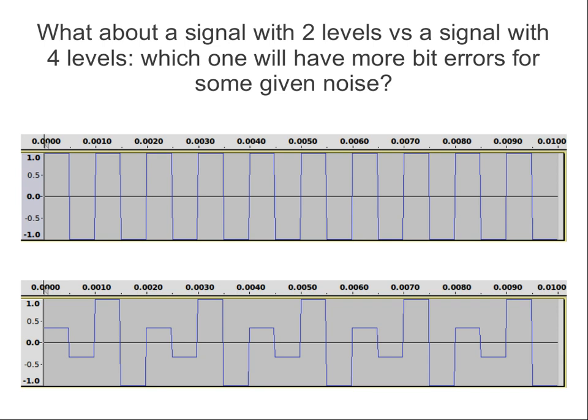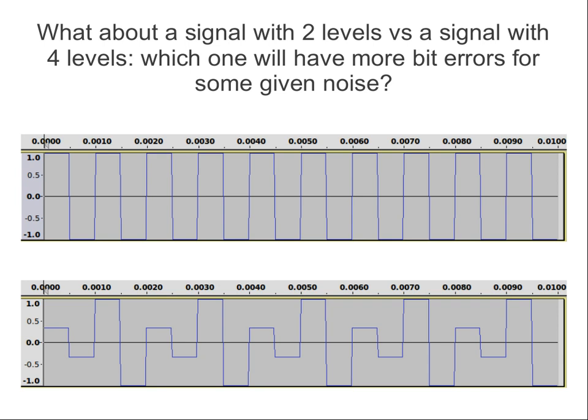That is, this represents 2 bits of data, this another 2 bits of data, and another 2 bits. And the same as what we drew over here. This signal element represented 2 bits of data, 2 bits of data, and so on. Here we have 1, 2, 3, 4 signal elements, 8 bits of data.